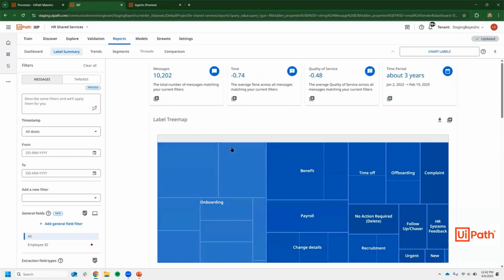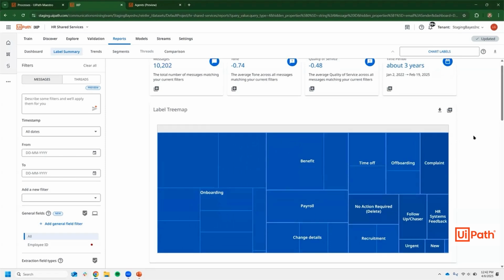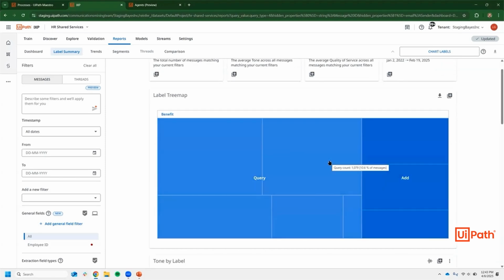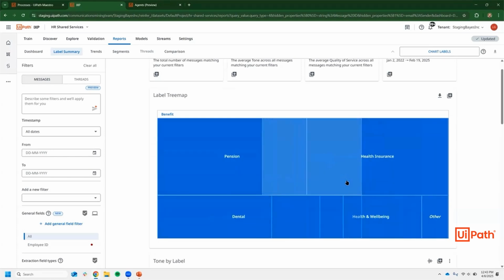In addition to the labeled information, I'm also able to extract customer sentiment and quality of service from those communication channels. As part of the telemetry, I can drill into the individual tags and focus on the customer queries related to the health savings accounts.